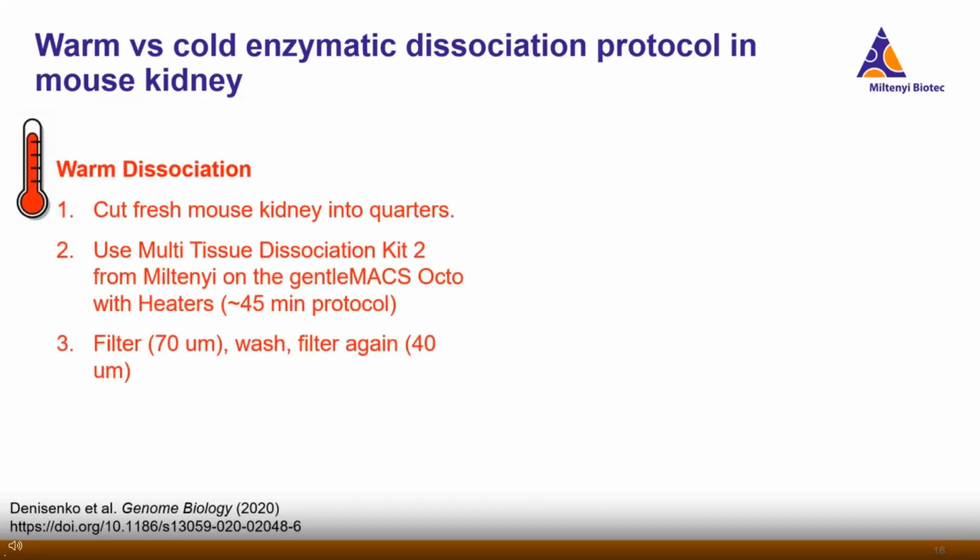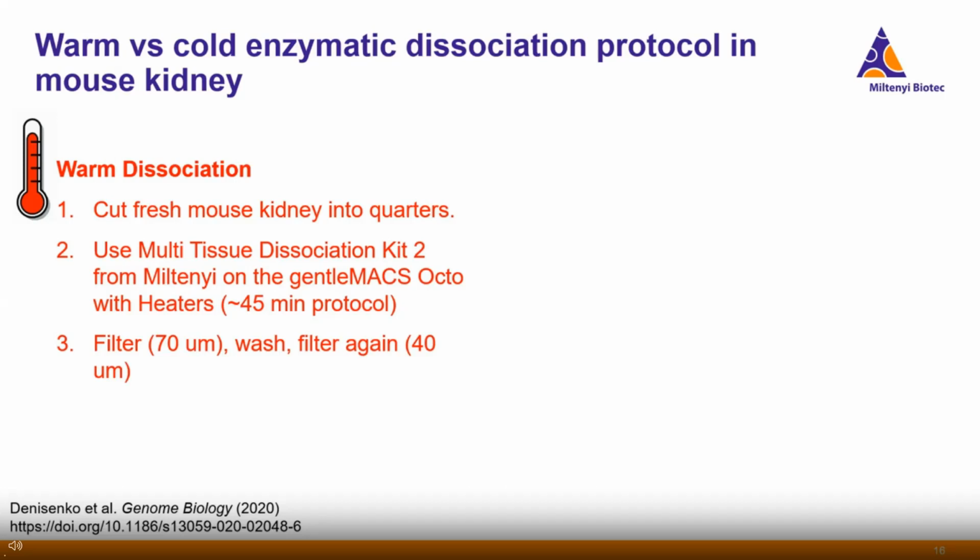For warm dissociation, they used the Miltenyi Biotec Multi Tissue Dissociation Kit 2 with the gentleMACS Octo Dissociator. It's a 45-minute protocol. To prepare the tissue for that protocol, you simply cut the fresh kidney into quarters, and then they filtered, washed, and filtered again.